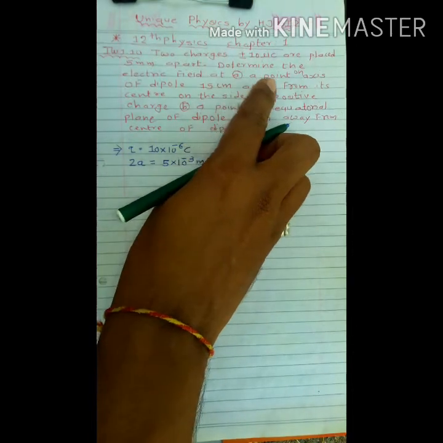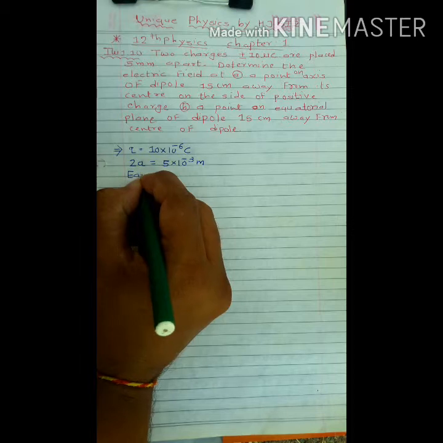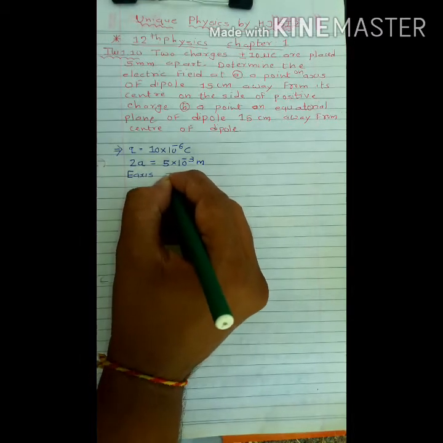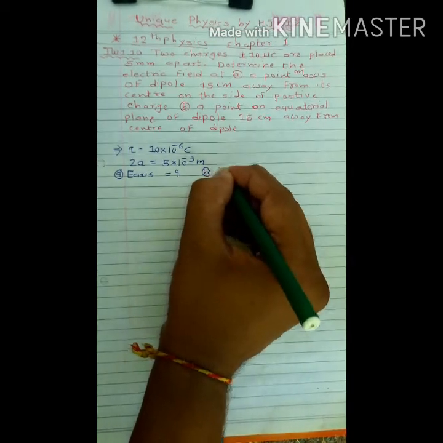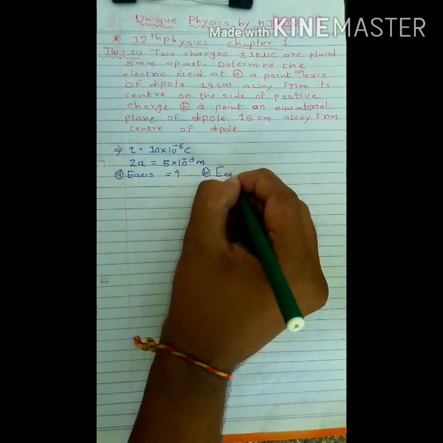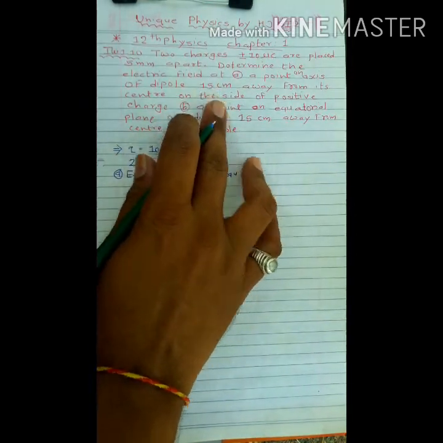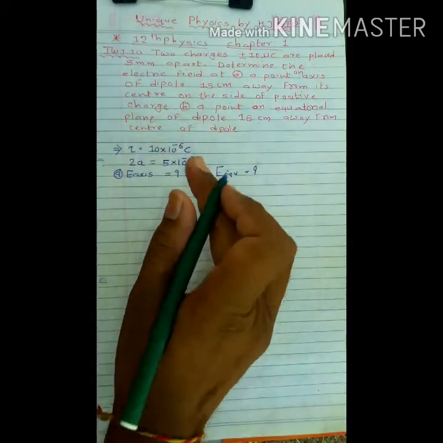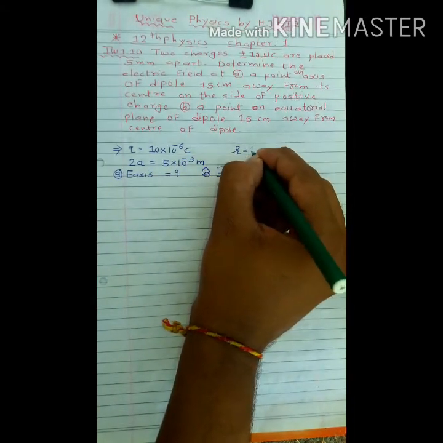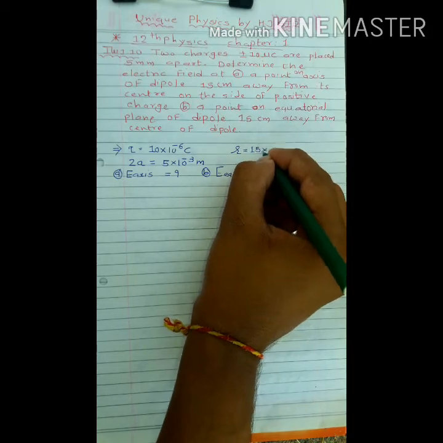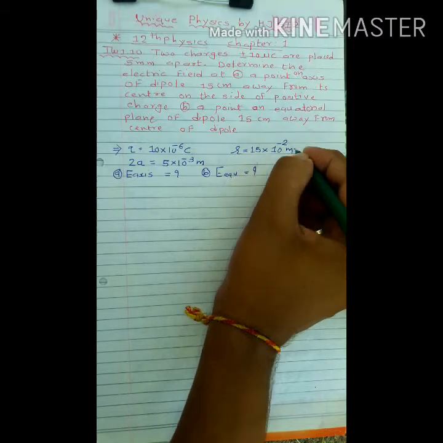Here we want to find the electric field on the axis of the dipole, number 1, and the electric field on the equatorial plane of the dipole. Now the distance is given for both points. Distance r is given, r is equal to 15 centimeter. So here we will convert this value into meter: 15 into 10 raised to minus 2 meter.